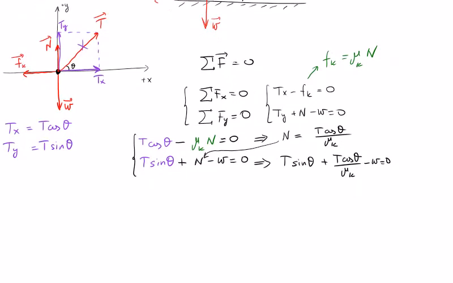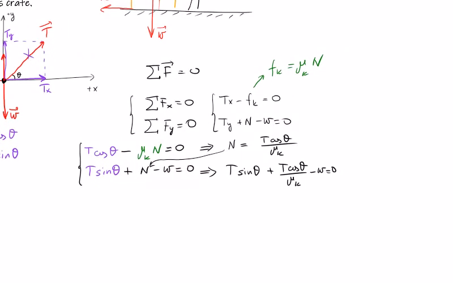I think in this situation we can solve for T. So T times sine theta plus cosine theta over mu k equals the weight. At this point we can even plug in the numbers.